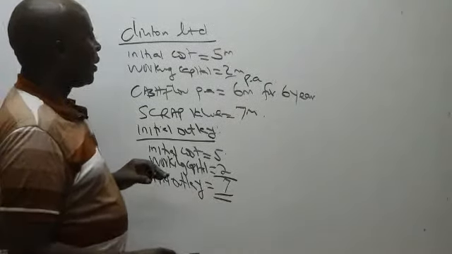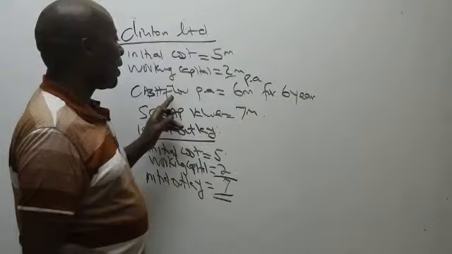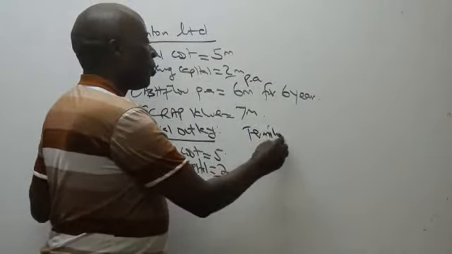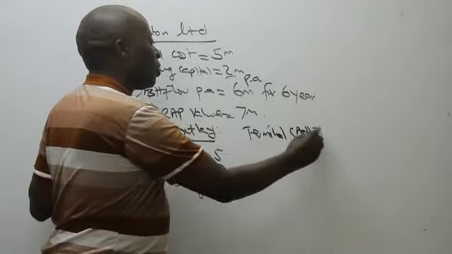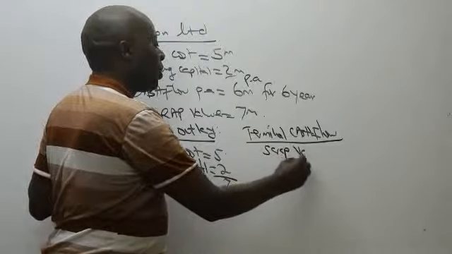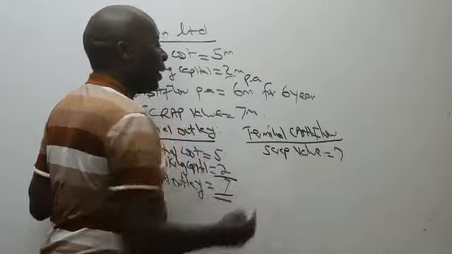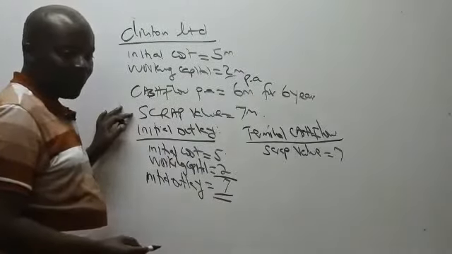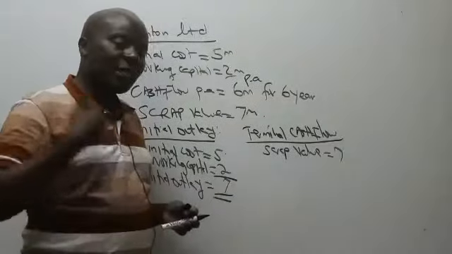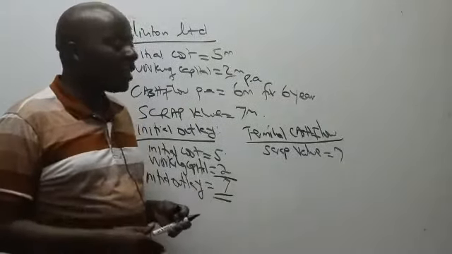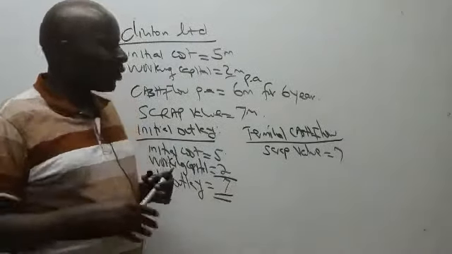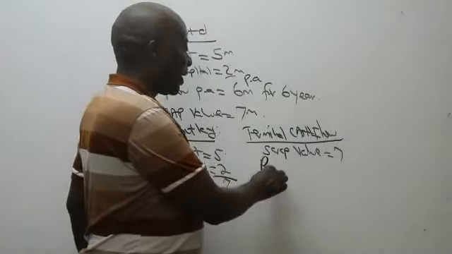All right. So we have the terminal cash flow. For the terminal cash flow, we have the scrap value of 7 million. Remember, unless you're told otherwise, when the project comes to an end, the working capital you had put in at the beginning is released. So we have here release of working capital.